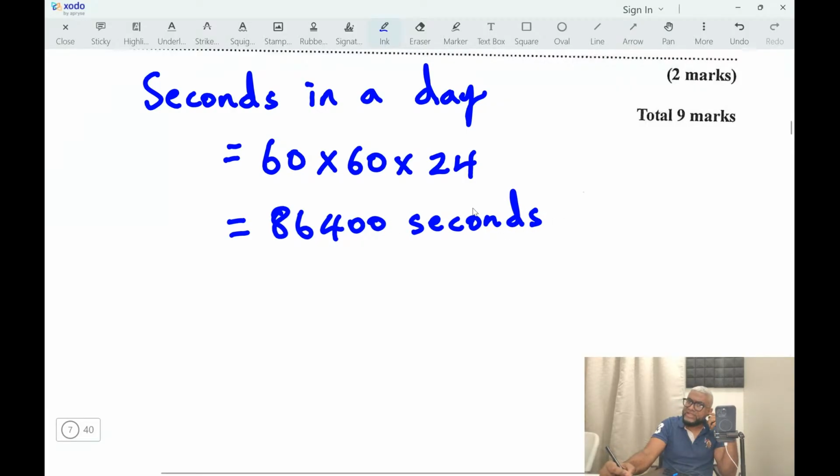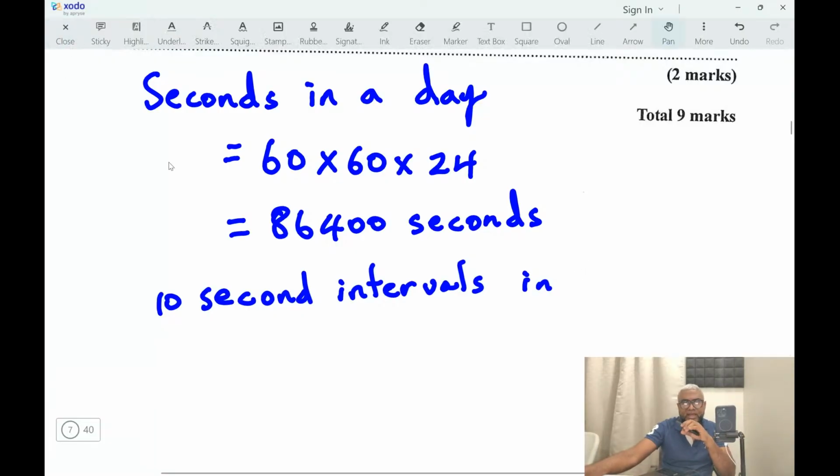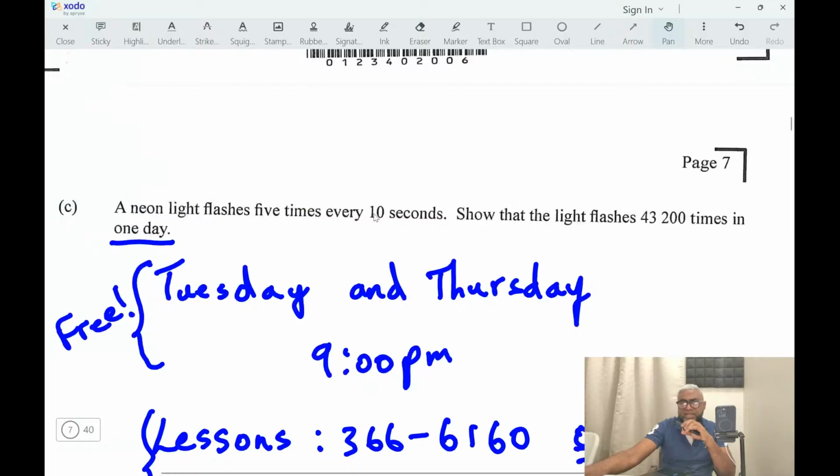Now we want to know how many 10-second intervals there are in this total amount of seconds. So I'm trying to find the 10-second intervals, basically how many 10-second intervals in one day. This is seconds.